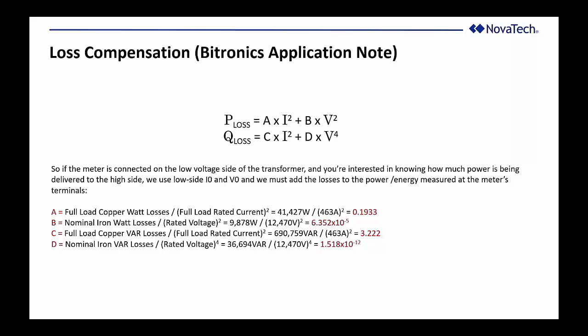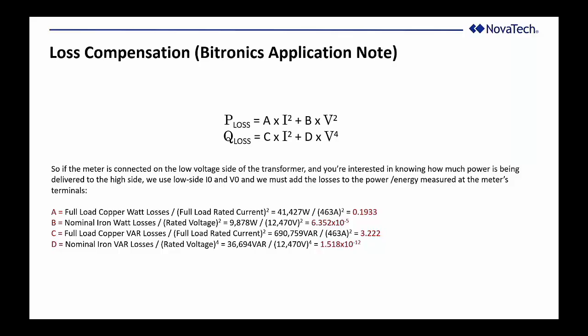Now that's interesting because in that case, your voltage is a function of the PT ratio times the turns ratio of the transformer, or your current divided by the turns ratio of the transformer. But the A and the B factors still exist.